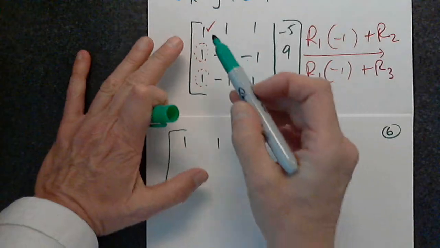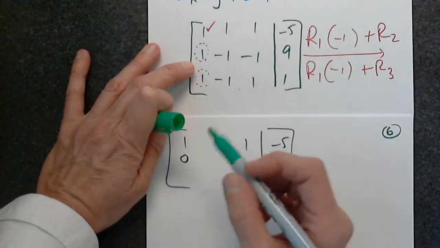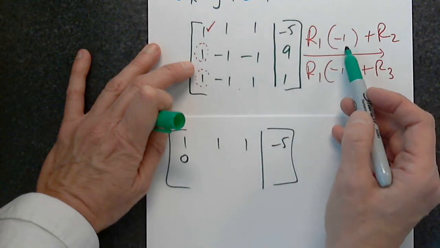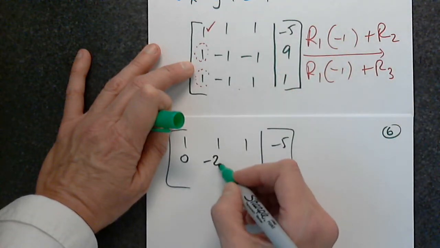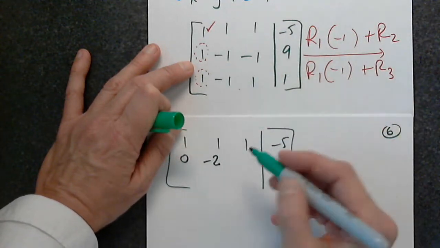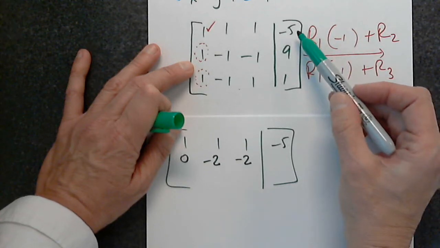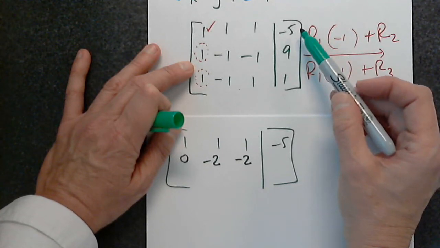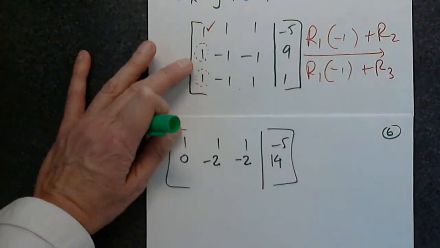Identical step. 1 times negative 1 plus 1, 0. 1 times negative 1 minus 1, negative 2. Very good. 1 times negative 1 minus 1, negative 2. Negative 1 times negative 5 is 5 plus 9, 14.